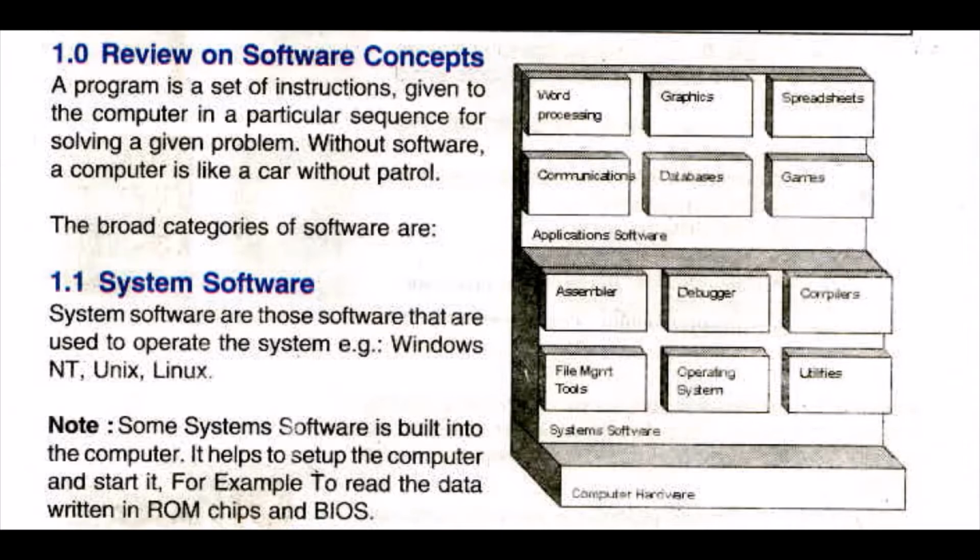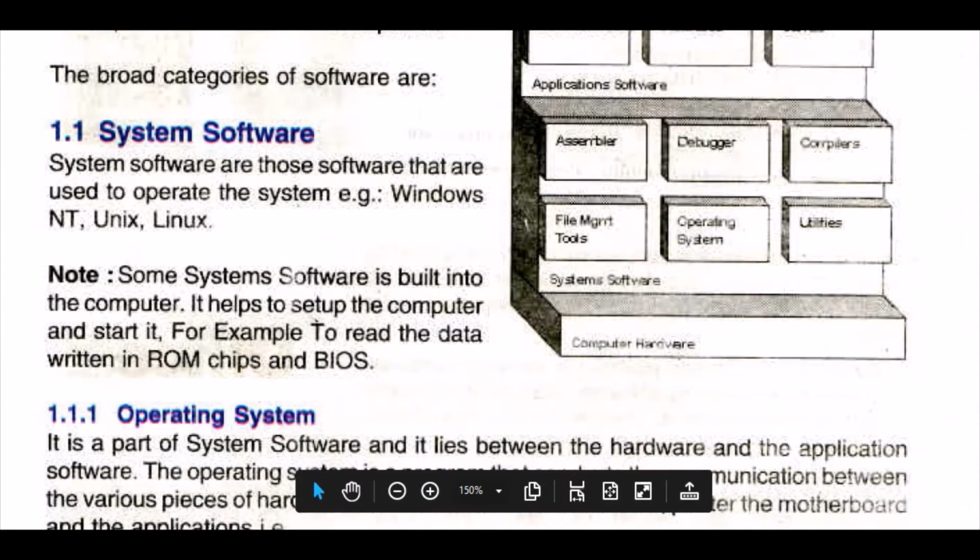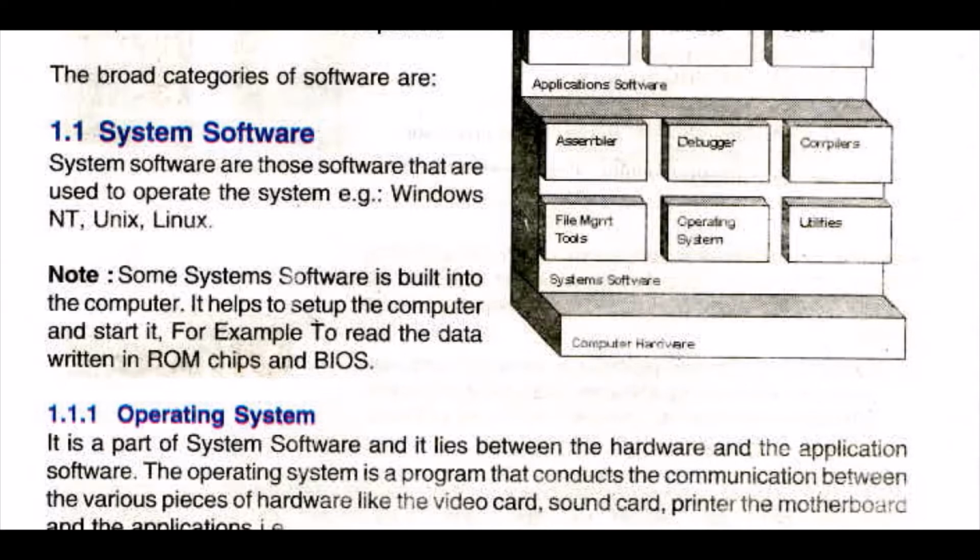Now, this note says system software is built into the computer. Now the question is, if it's built into the system, how do you define it? You say in computers we can install Linux or we can install Windows. What's the difference?